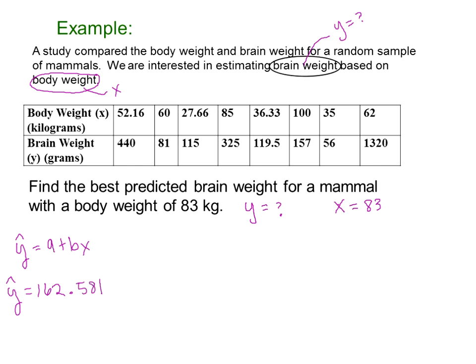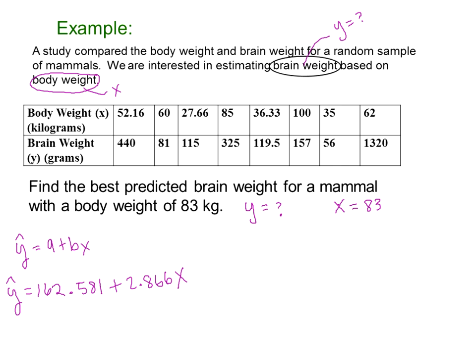We're rounding to 3 significant digits. And our slope is 2.866, and that's multiplied by x. So that's our regression equation.